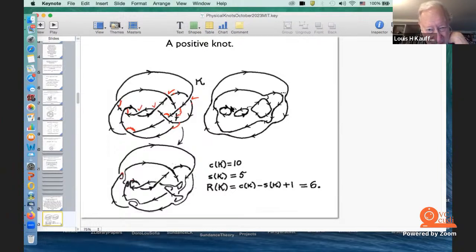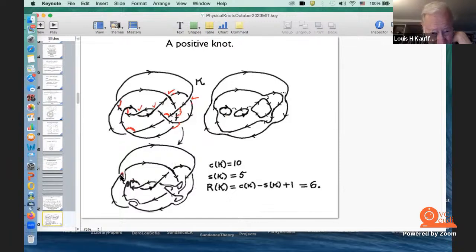If I connected this up and didn't do anything to that crossing, then there would be just a little twist there. And then there would be another little twist there. And then I hang it on this one and another little twist. And I make sure that I do this forming a tree structure. And I end up hanging all the Seifert circles out in the form of a tree, in this case, a linear tree.